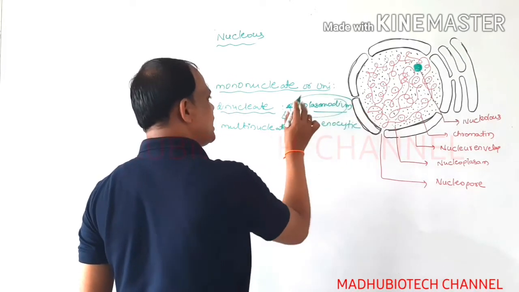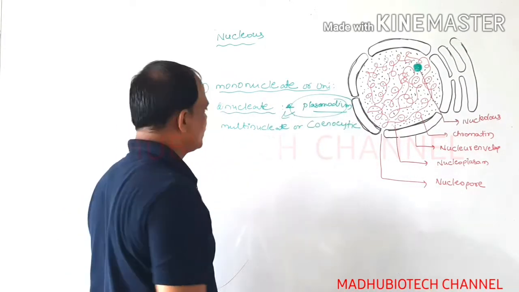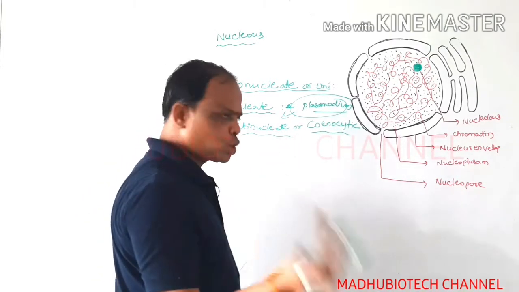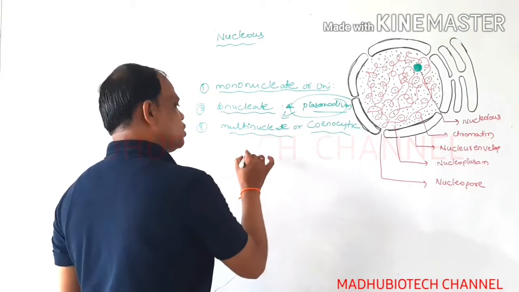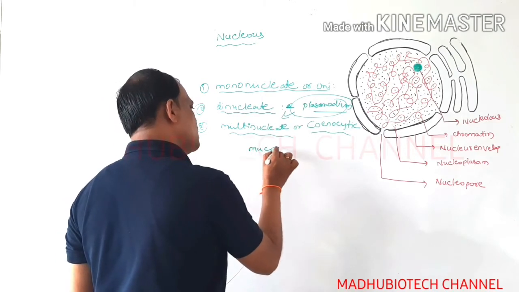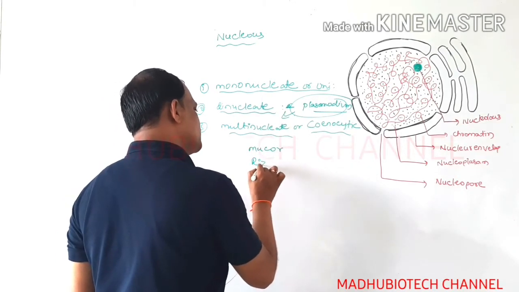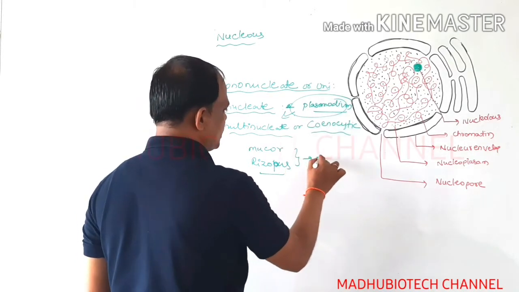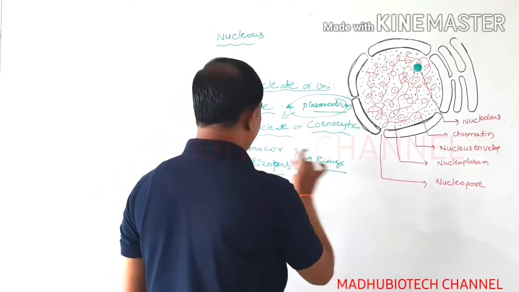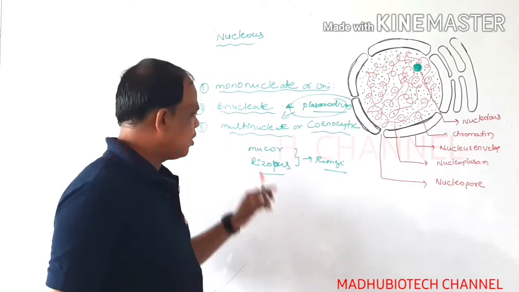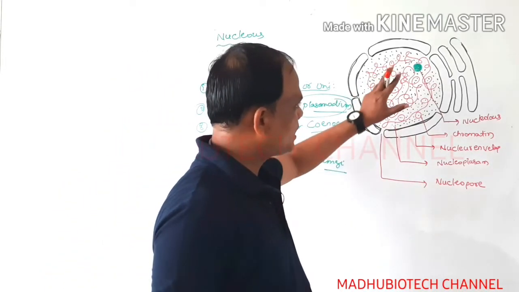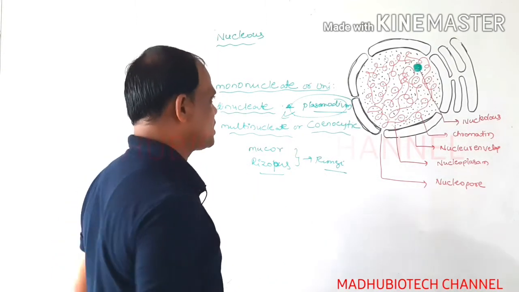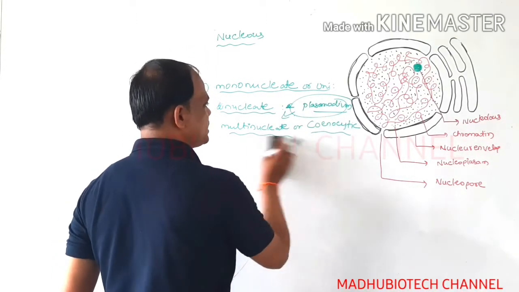Multinucleate cells contain more than two nuclei, for example, the fungi Mucor and Rhizopus, and some Nostoc cells are also multinucleate.